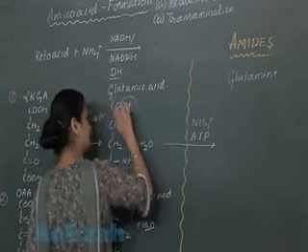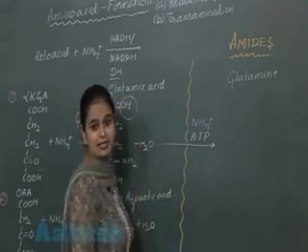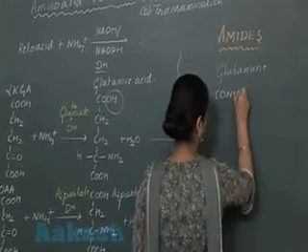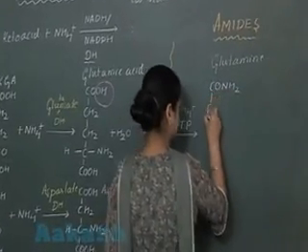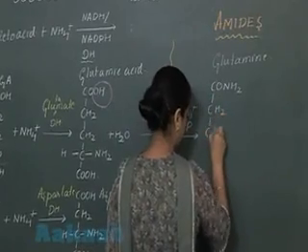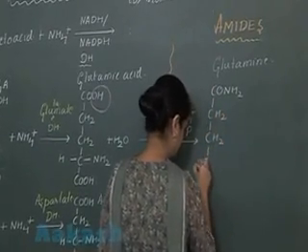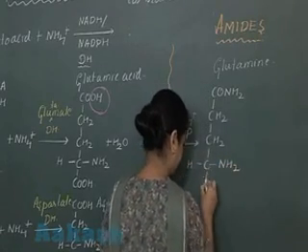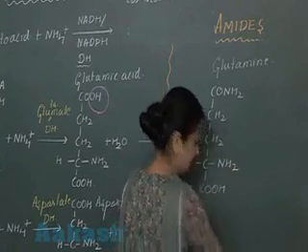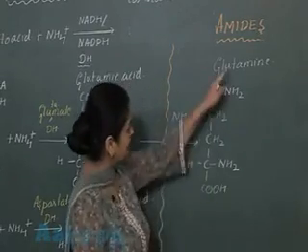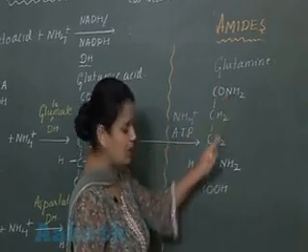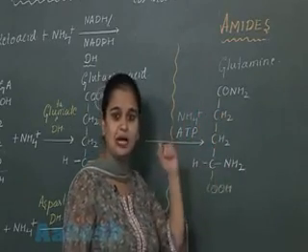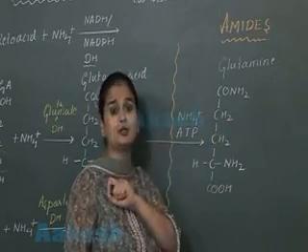So now instead of the hydroxyl group, in the amide there is presence of amino group. Yes, so we can say that in the amide there is presence of two amino groups, or you can say the amides, they are double aminated keto acid.